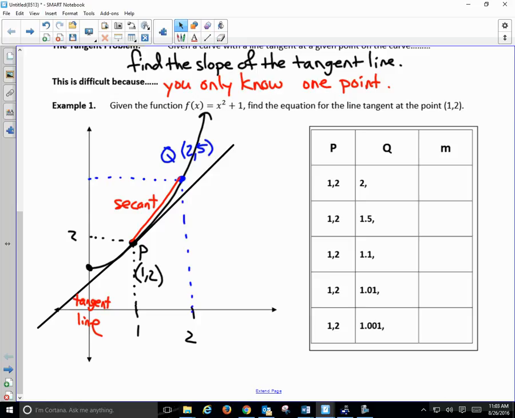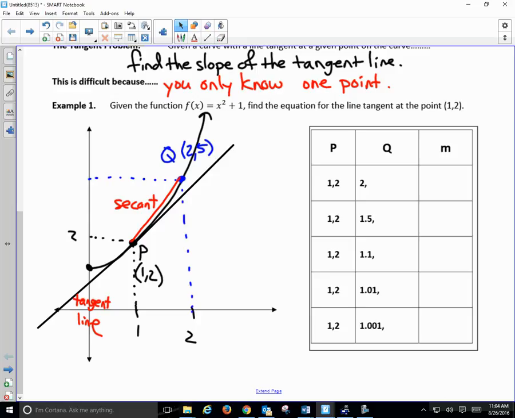So secant and tangent are really your 2 vocabulary words today you need to identify. Would everybody agree that the slope of the secant line is approximately the slope of the tangent line? Would the slope of the secant line be an overestimate for the slope of the tangent line or an underestimate?